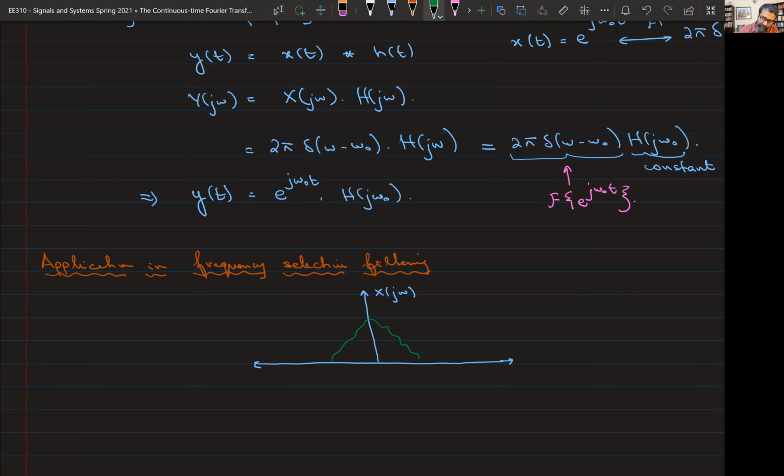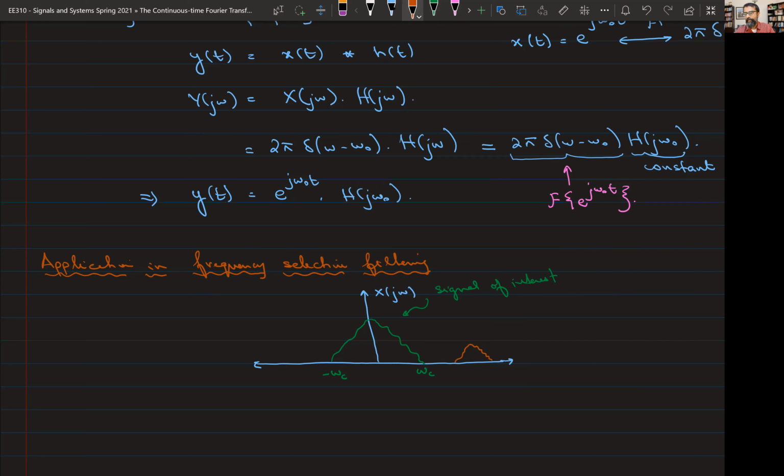Which resides between minus omega c to plus omega c radians per second, right? So this is the desired signal of interest. For example, this could be vocals, right? But then there is an extra bit of interference that is high frequency here, right?